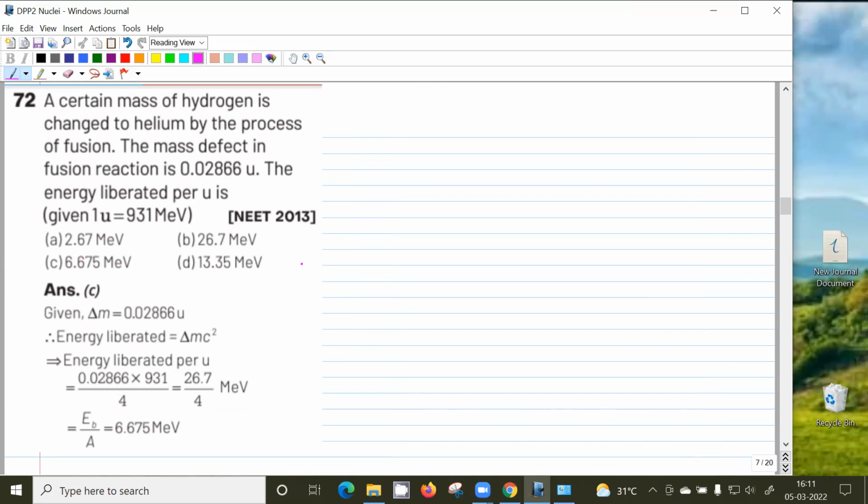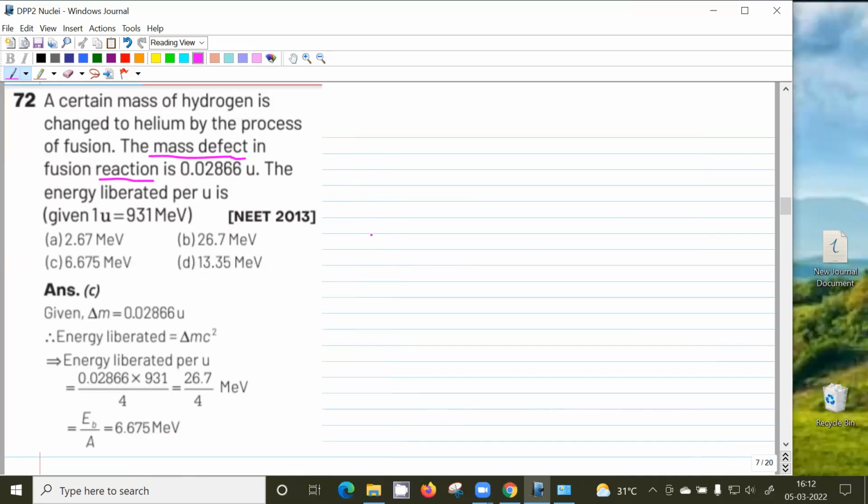So this U, is it related to the reactant side or product side, sir? No, it's a mass defect. Product minus reactants or reactants minus product? See, this is the mass defect of the entire reaction, not of an individual nucleus.